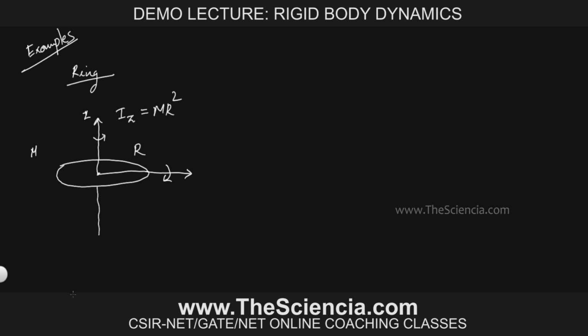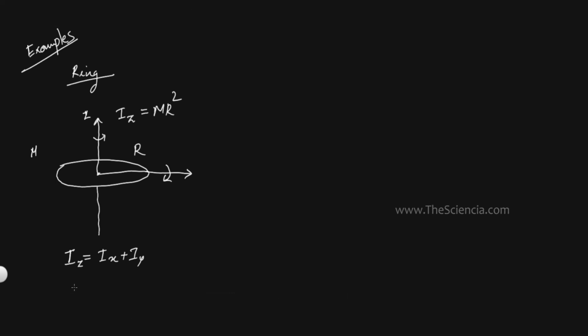That is where we use the perpendicular axis theorem. What is the perpendicular axis theorem? Iz is equal to Ix plus Iy. Here you already know the Iz value, that is Iz equal to mr square, equal to Ix plus Iy. Here there is symmetry, so Ix equals Iy.